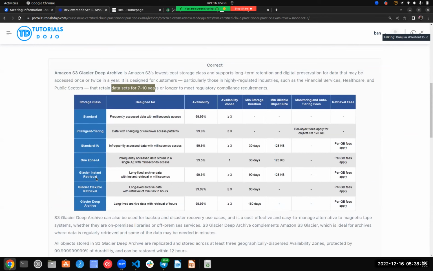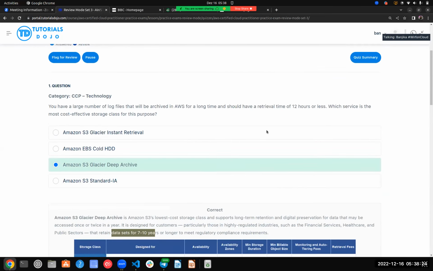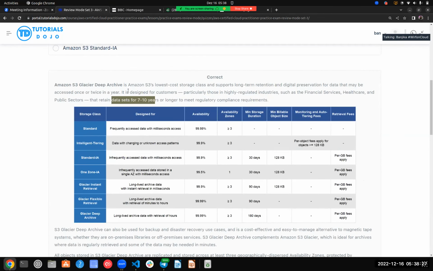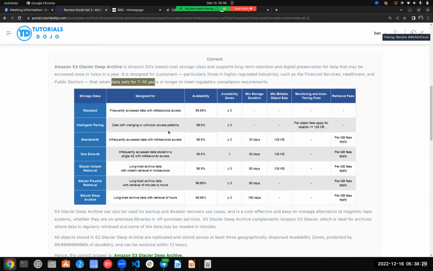We have the instant retrieval in milliseconds. Glacier flexible retrieval, long archive with retrieval of minutes to hours. Deep archive, long archive data with retrieval of hours. So 12 hours is what we're looking for. So Glacier S3 Deep Archive.